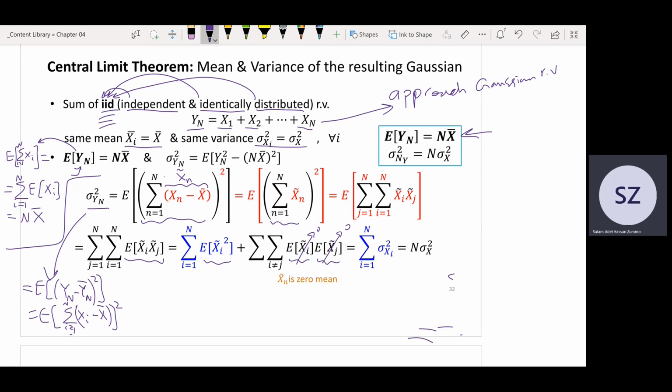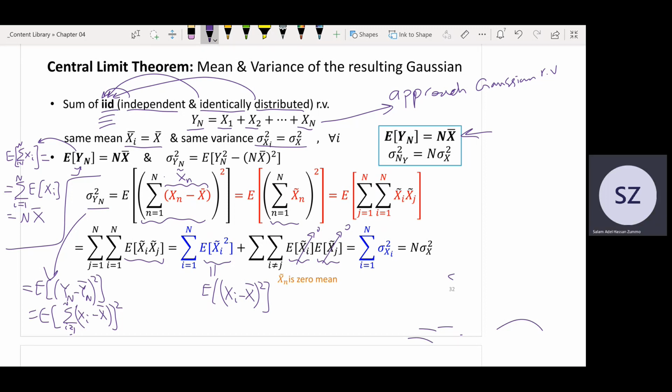What do we have then? We have the summation of the expected value of xi tilde squared. But what is this equal to? By definition, xi tilde was xi minus x bar.